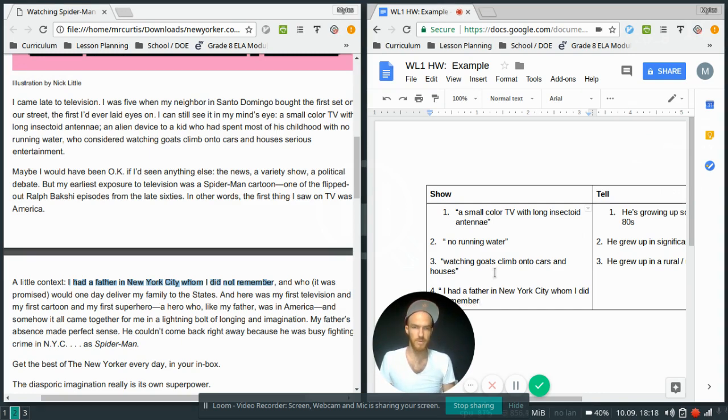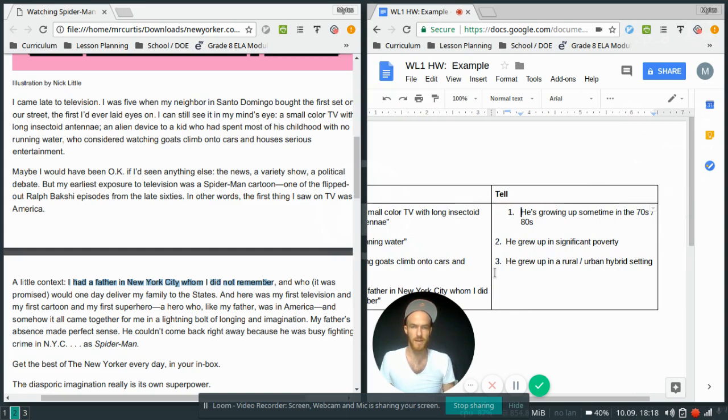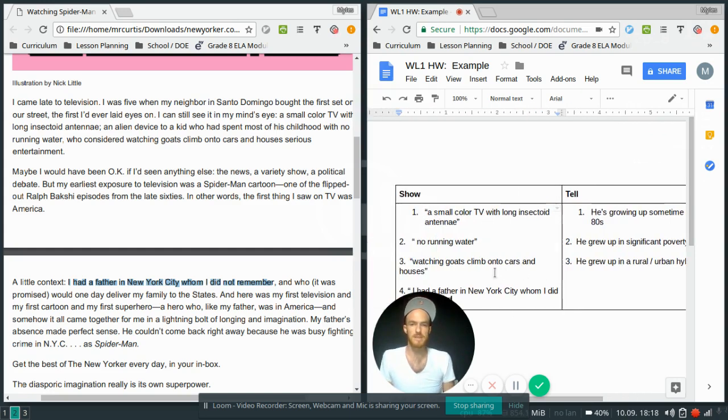You wouldn't want to quote that and then tell me that what it shows is that he had a father in New York City, or that he grew up without a father. He's telling you that explicitly. So do not choose details where Diaz is just telling you direct information. Choose the details where Diaz is illustrating something that you can then infer something about his childhood from.